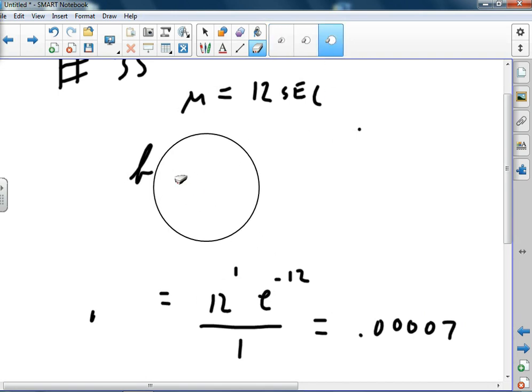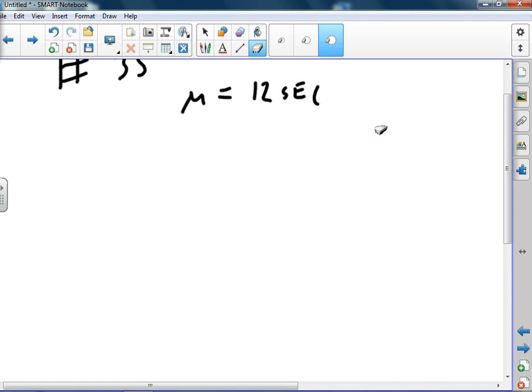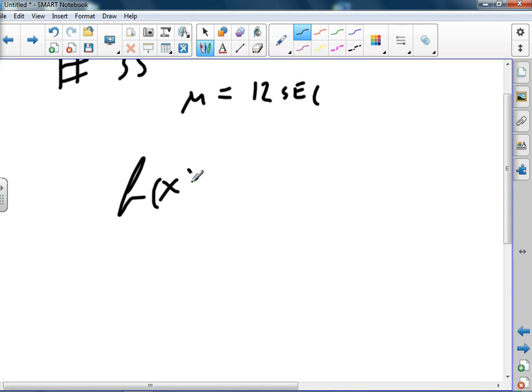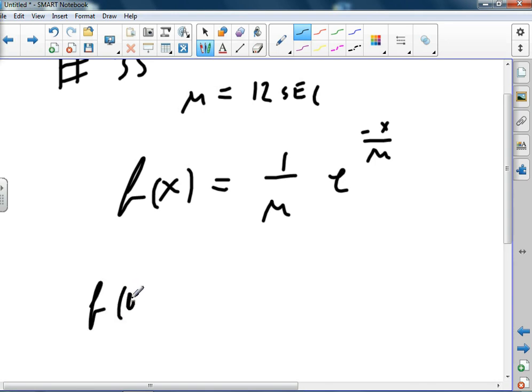Bigger eraser, that's better. So f of x is 1 over mu e to the minus x over mu. That's the function we want. Okay, so f of 0 is going to be 1 over 12.